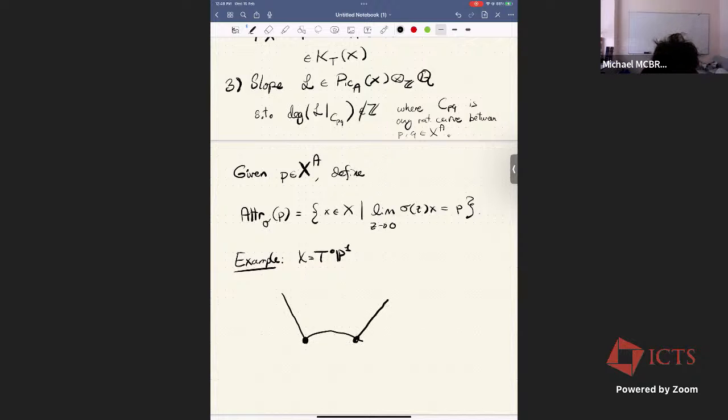Here's P^1, here's 0, here's infinity. This is the conormal to infinity. Here's the conormal to 0. And we have some scaling action of sigma.